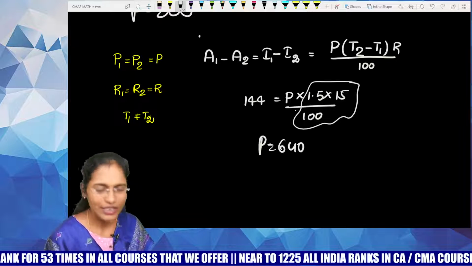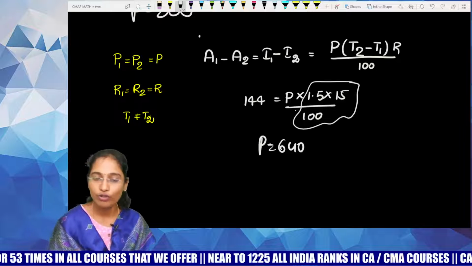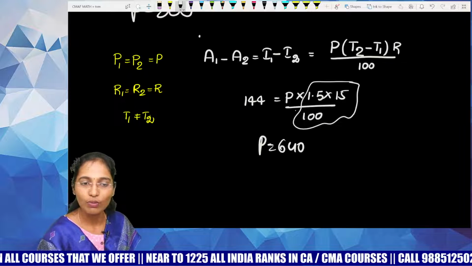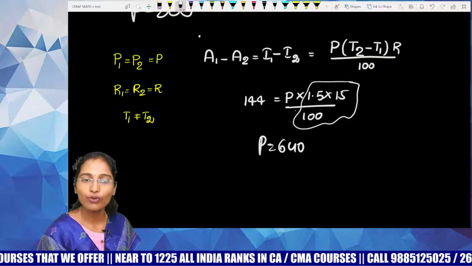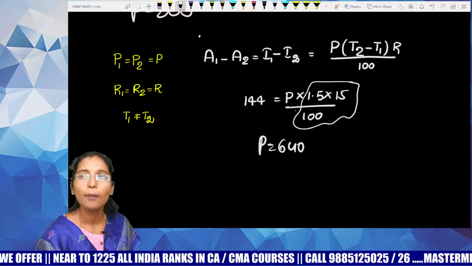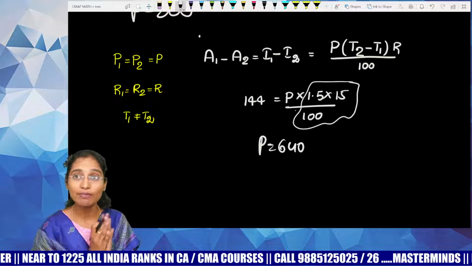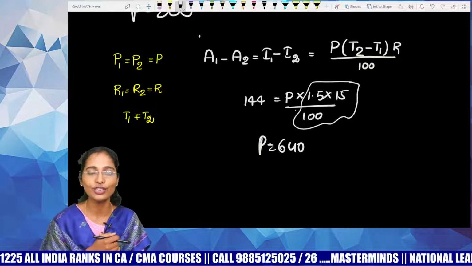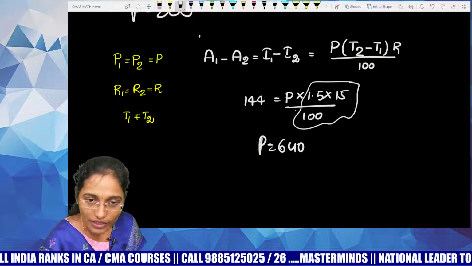The answer takes exactly one step if you know how to use your calculator. Guys, this calculation can be performed in two ways. One is entering 144 into 100 by 1.5 by 15. This has many steps. That's why I'm not doing that, because now you are aware of inverse calculation. I'm directly performing this value first.